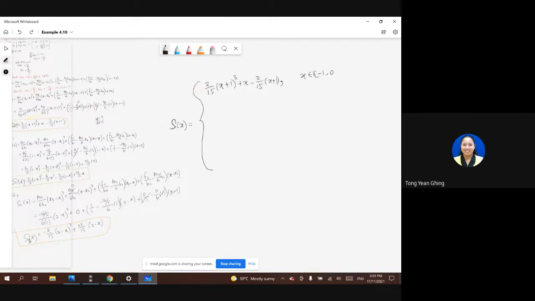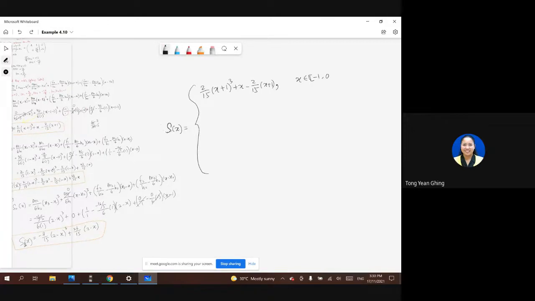The second one, S1 just now, is 2 over 15 (1 minus x) to the power of 3 minus 8 over 15 x to the power of 3 minus 2 over 15 (1 minus x) plus 23 over 15 x.